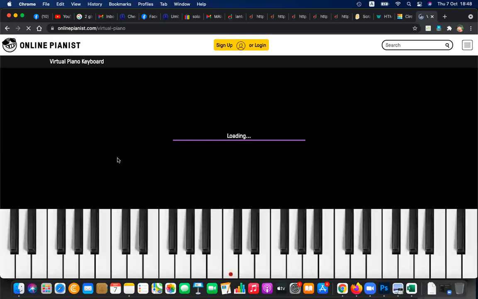Then you can see this is a piano, but this is not a real piano. It's a virtual piano where you can play this using your keyboard. Keyboard means like your string keyboard. Let me refresh that. It's not loaded properly.